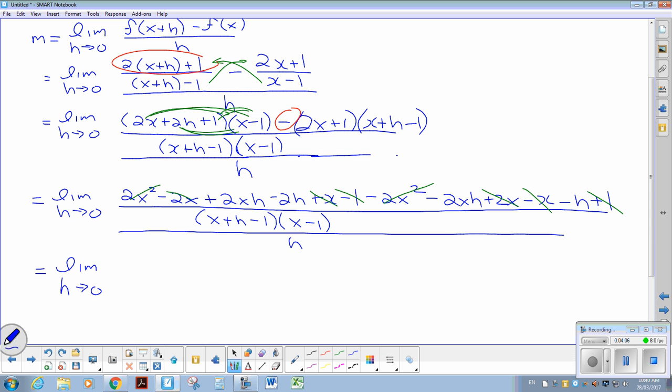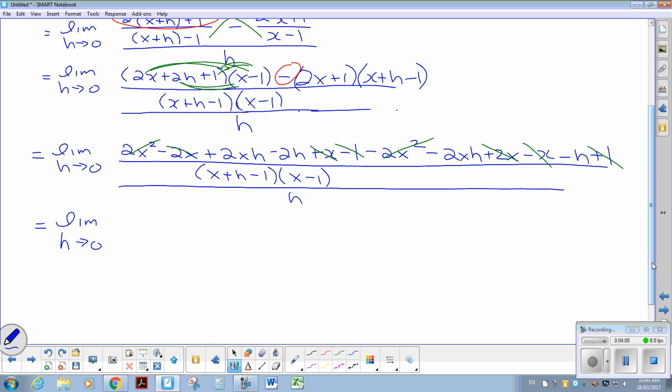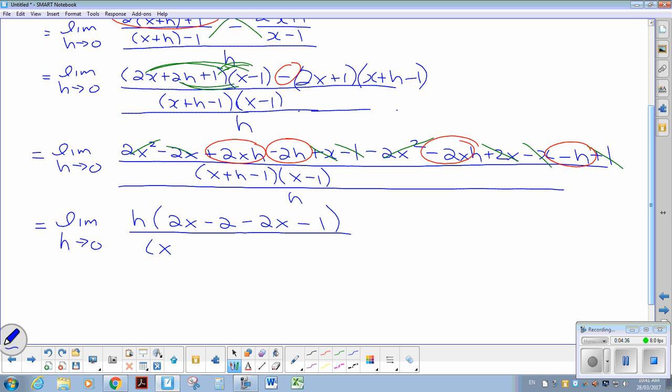So I'm going to save myself a little bit of a step because I've been doing a lot of writing. The remaining terms all have h's, so I'll just circle them. There, there, there, and there. So I'm just going to take an h out to begin with. So I'm left with a 2x minus 2 minus 2x and minus 1 all over x plus h minus 1, x minus 1.